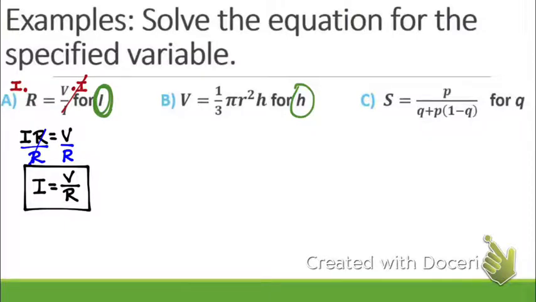Yes. Is that what you were going to say, Ezekiel? I'm going to multiply by 3 first, because then I can not deal with a fraction. And then from here, I can divide the pi and the r squared simultaneously, since I'm using the same operation to get rid of both of them.